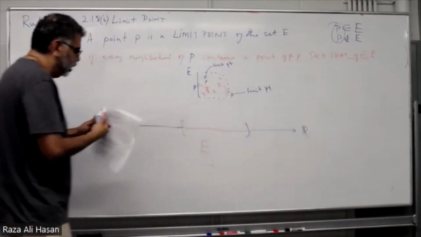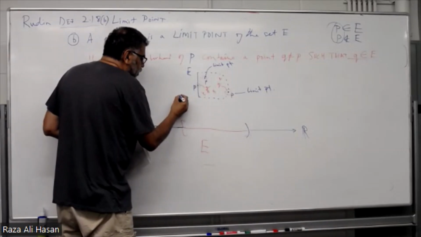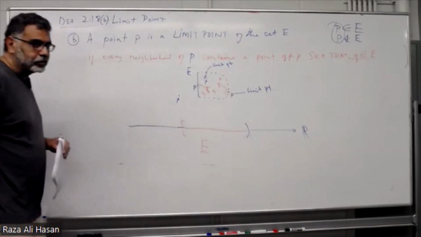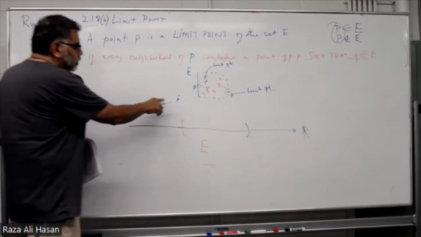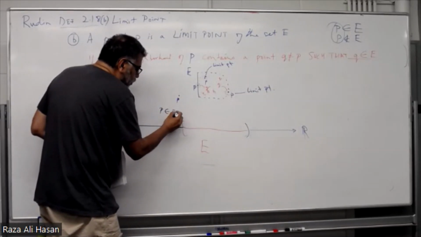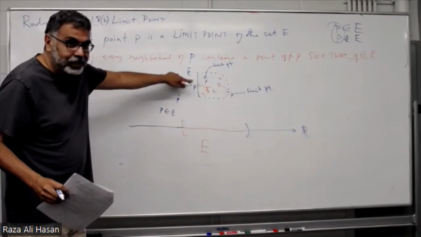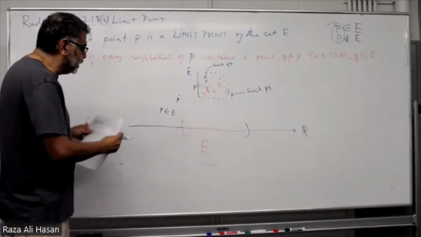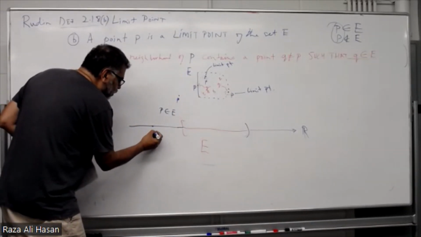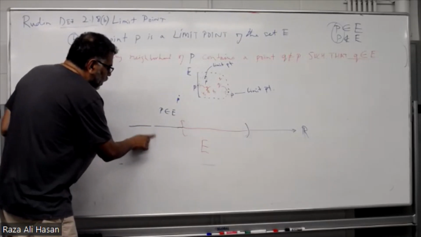So now let's put an isolated point here. This is our P. And this P is an element of E. But it's sitting out here, right? We could put P right here, so it's an exterior point.